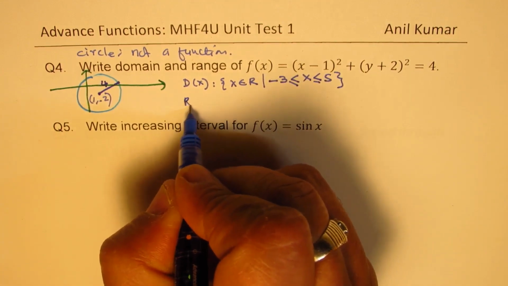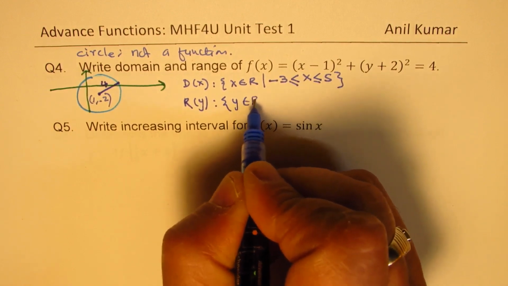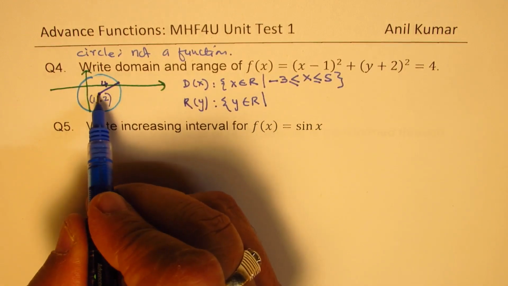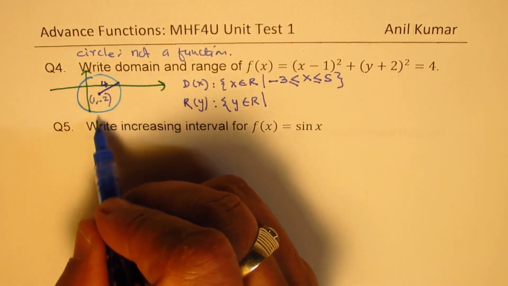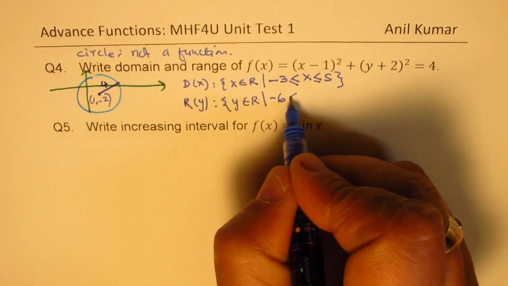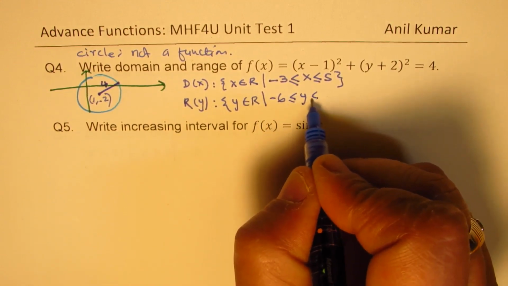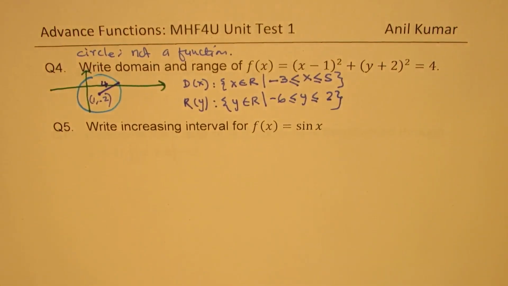As far as the range is concerned, for this relation y belongs to real numbers, it goes 4 up but 2 minus, that means 2 up, right? And as far as down is concerned, minus 6. So it's from minus 6 to 2. So that is the domain and range for the circle, which is a relation, right?